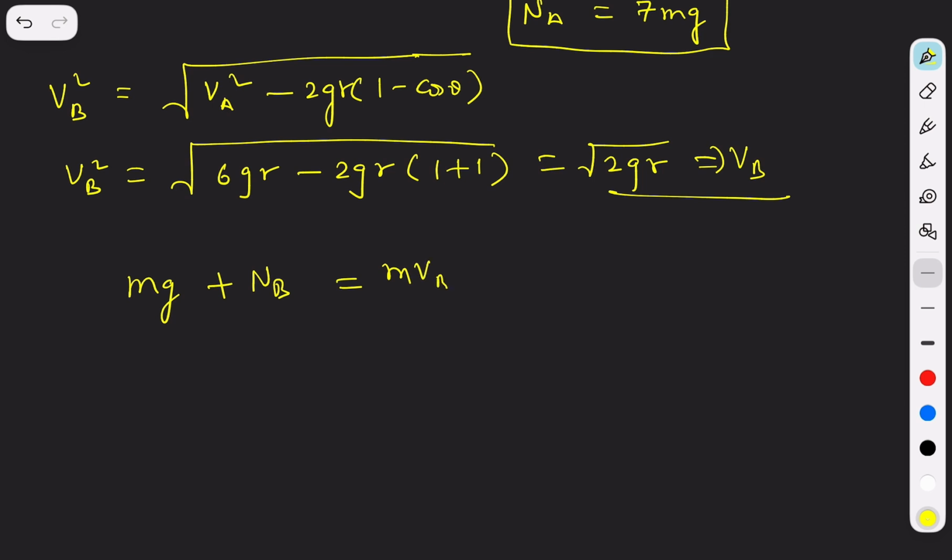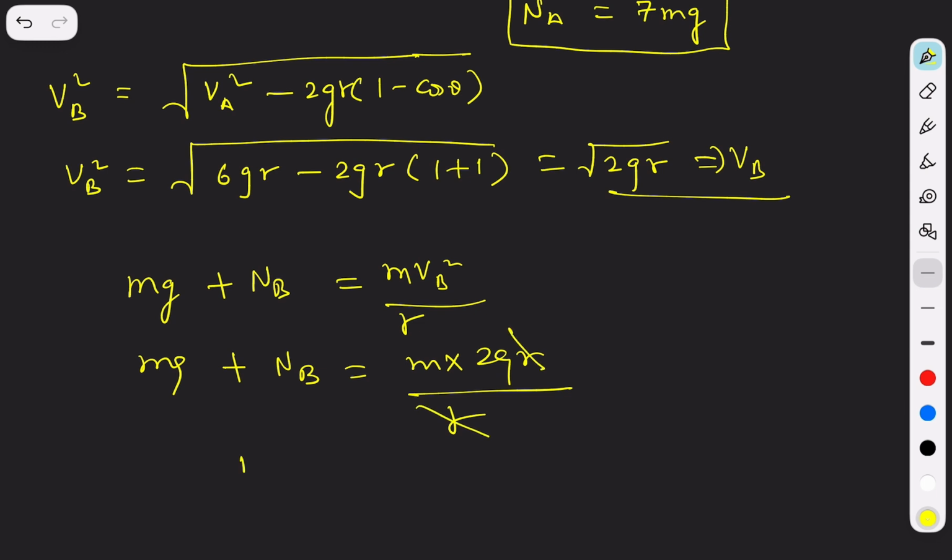So Mg plus Nb equals m times 2gr divided by R, R cancels, so Nb will become Mg. So at the topmost point, the normal force will be Mg.